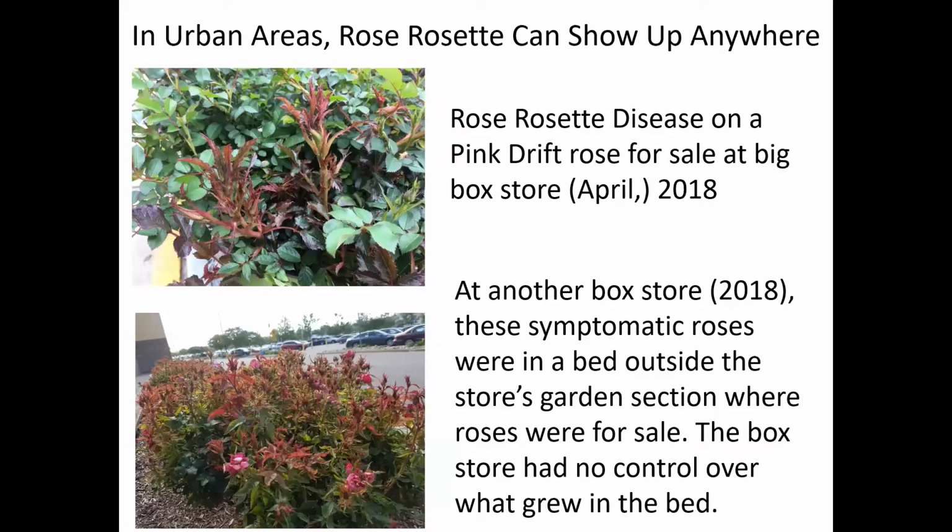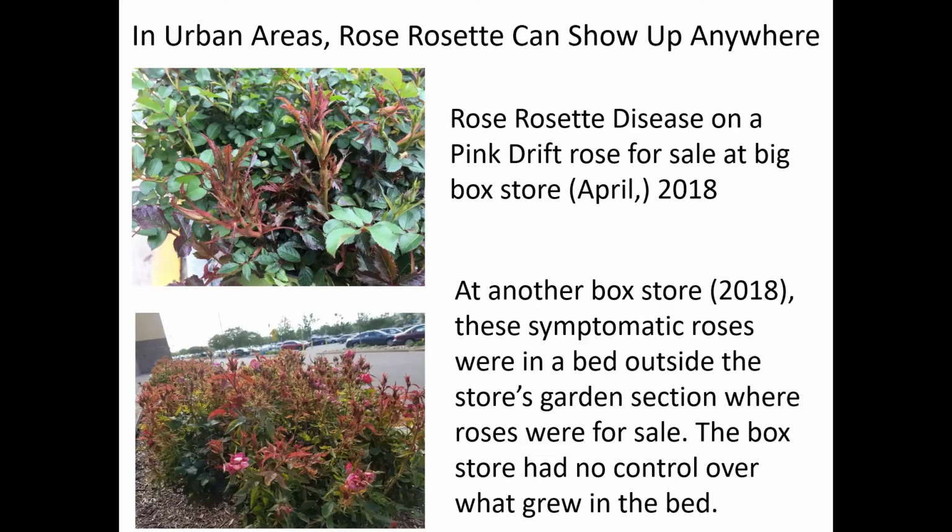You see, in this particular case here, these are some big box stores in the Knoxville, Tennessee area. And in both cases, I found Rose Rosette. Now in the bottom picture, that was a bed of roses in a large raised container right outside the garden center, and right across a metal fence that just had rails in it.